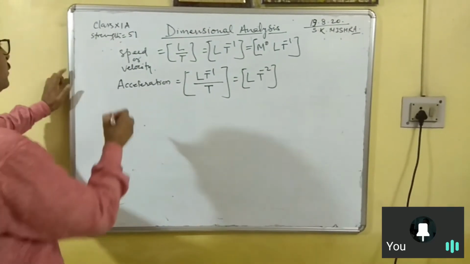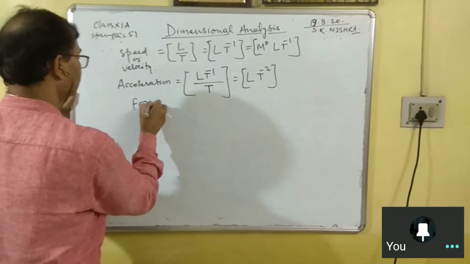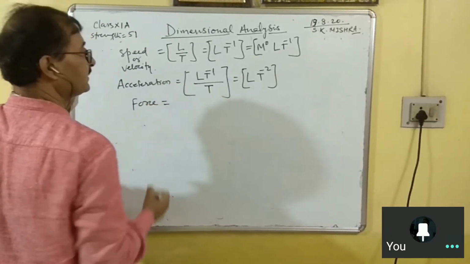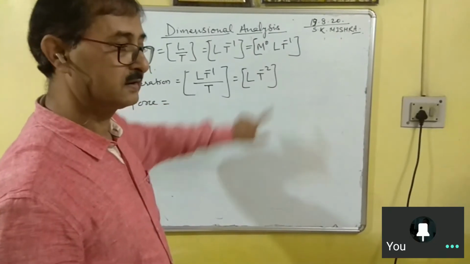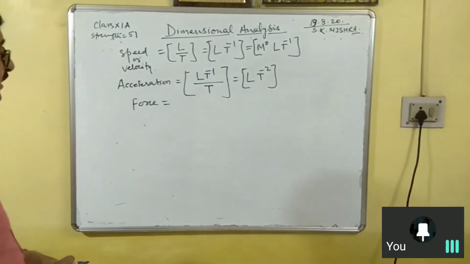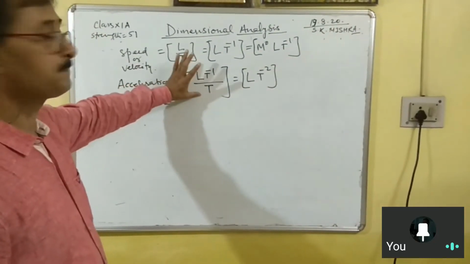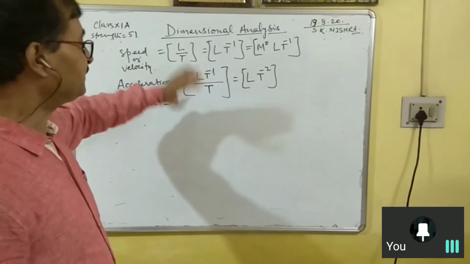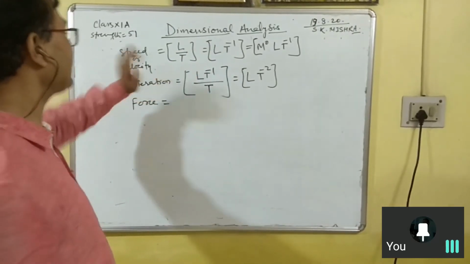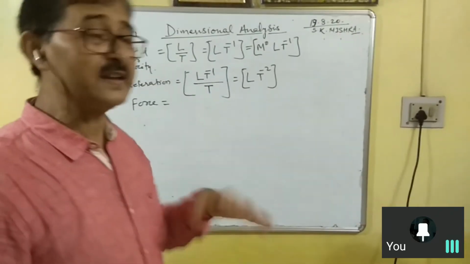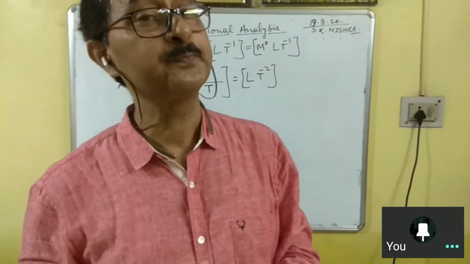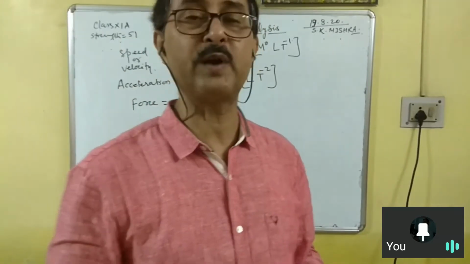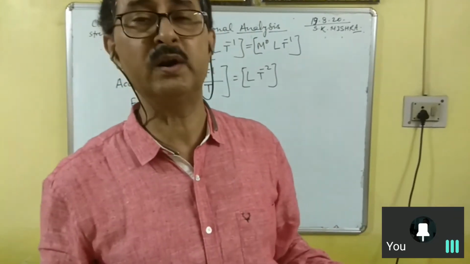Then coming towards force. You can write the unit also. This is meter per second. Acceleration is change in velocity by time. Change in velocity has the same dimension as velocity. What is change in velocity? Final velocity minus initial velocity. So you are subtracting velocity from velocity, so you are getting velocity only.